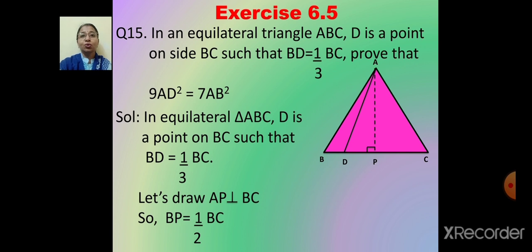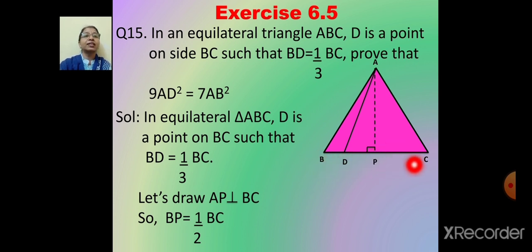Now you know, in equilateral triangle, altitudes bisects the corresponding sides. Right? Altitude means what? A perpendicular drawn from any vertex to the opposite side. So here AP is the altitude drawn from vertex A to the side BC.